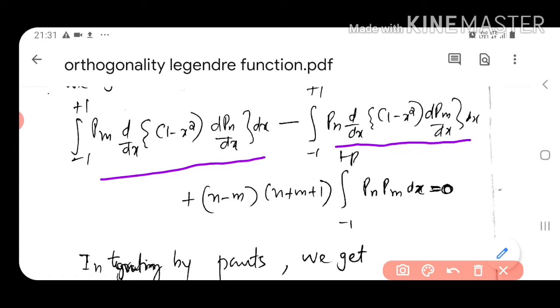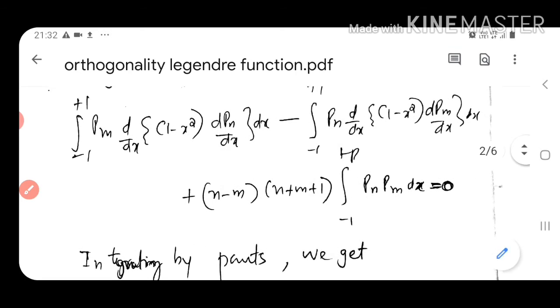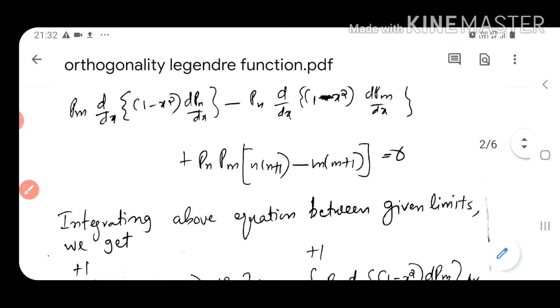Then we write this as n minus m into n plus m plus 1.